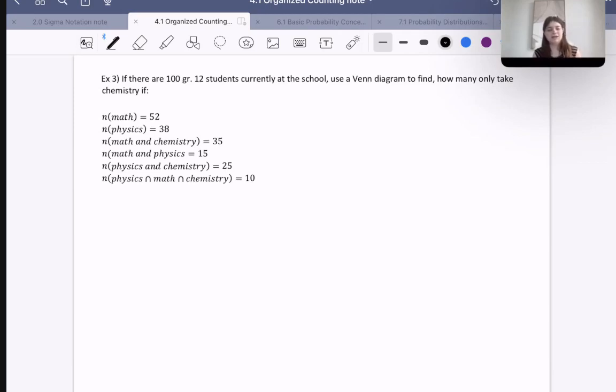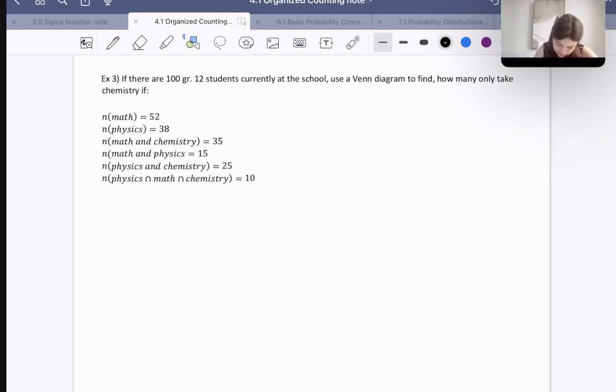Those people who aren't included so far in the Venn diagram, could they be not included because they're just taking chemistry, or because they don't take any of those subjects? So we're going to assume that every student at this school takes at least one of math, physics, or chemistry, even though I don't know if that's actually true. We're going to make that assumption.